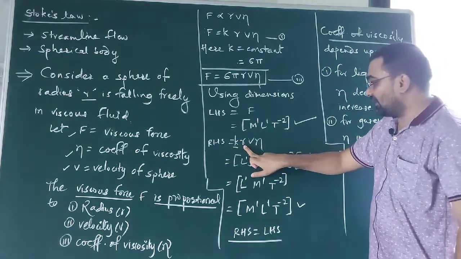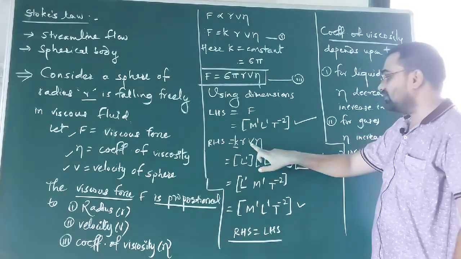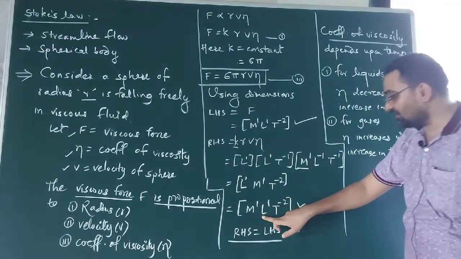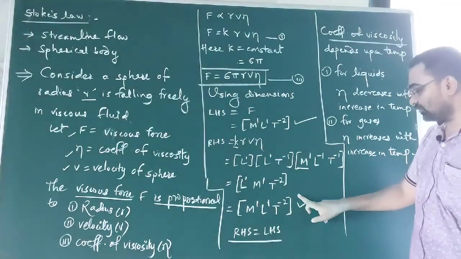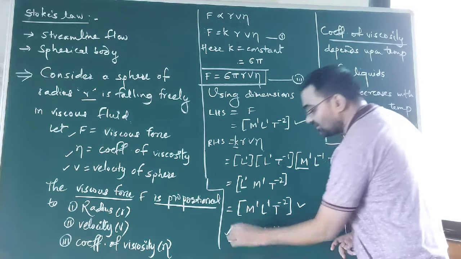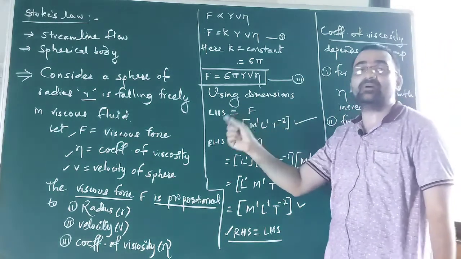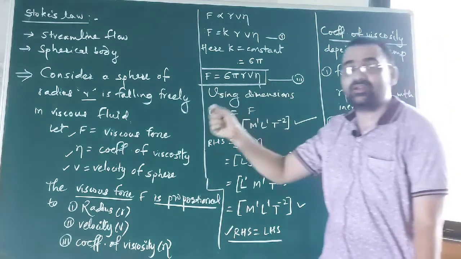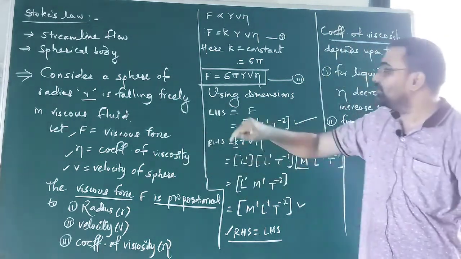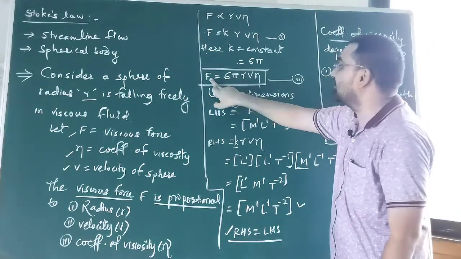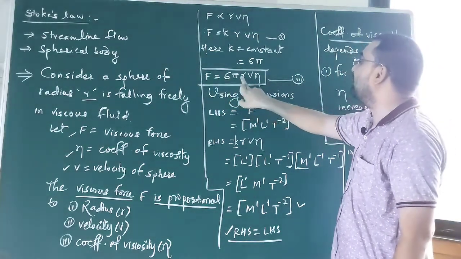So RHS equals r into v into eta. On substituting their dimensions, you again get M1 L1 T minus 2. So you get RHS equals LHS, which signifies that the formula given by Stokes for a spherical body falling inside viscous fluid, that is viscous force for spherical bodies, is correct as F equal to 6 pi r v eta.